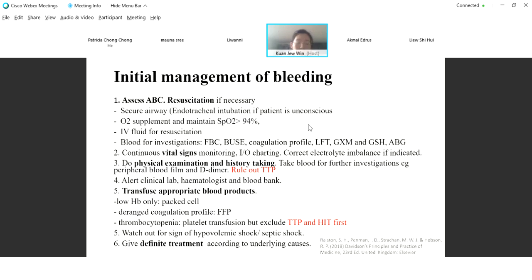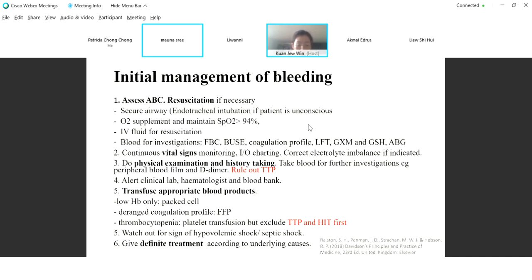Have you all learned about emergency O? I'm not sure, doctor. In an emergency where you cannot wait for the full group and cross match, you can give emergency group O blood to the patient.